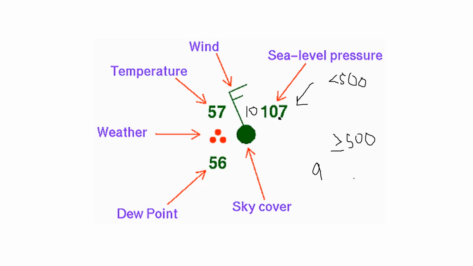So, for example, let's say the pressure was, I'll say 678. The number you see in the upper right-hand corner was 678. That's greater than 500. So what I would do is I'd stick a 9 in front, and then place a decimal between the last two places, which would give me a pressure of 967.8 millibars.